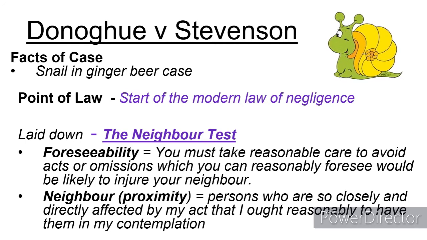And a very famous judge called Lord Atkin laid this down. And he stated that you must take reasonable care to avoid acts or omissions which you could reasonably foresee would injure your neighbour, and your neighbour is someone you should hold in your contemplation. So basically, in this case, he laid down that a manufacturer owes a duty of care to their consumer to protect against acts or omissions that could do them harm.